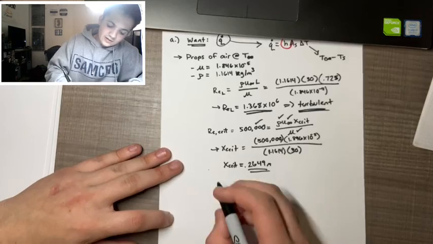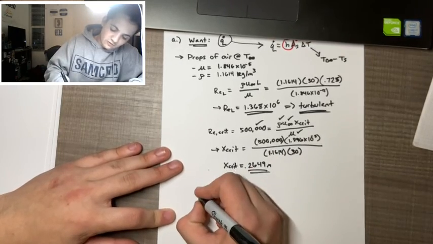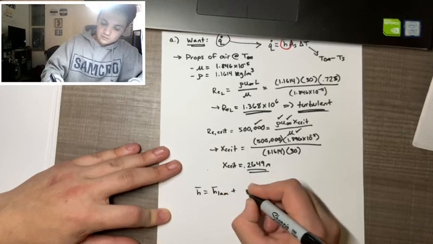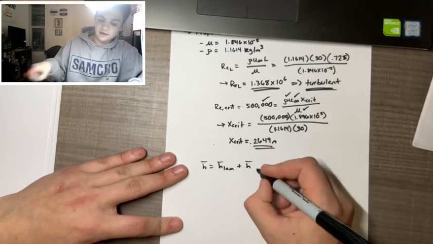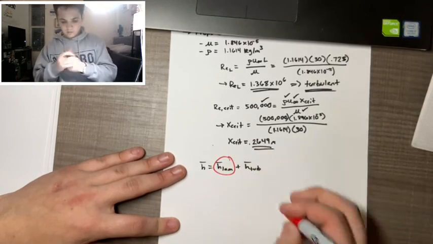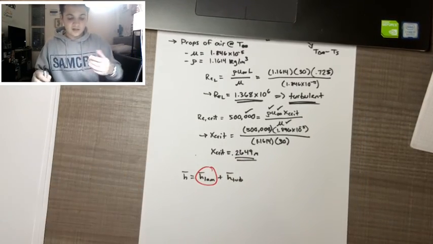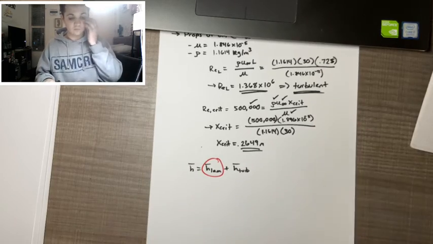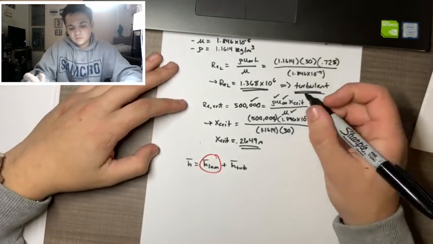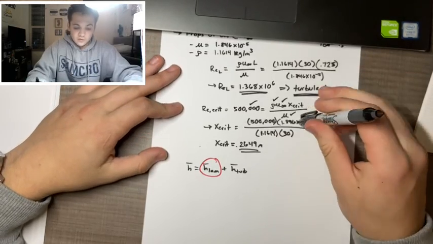What that also tells us is that the total h to solve for Q dot is going to be a combination of the h for the laminar region plus the h for the turbulent region. So let's go ahead and get the laminar h first. We have to think about what Reynolds number we're going to use.